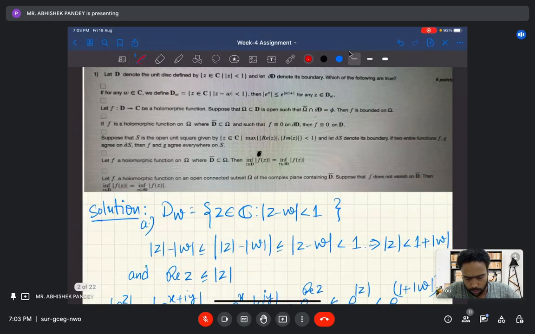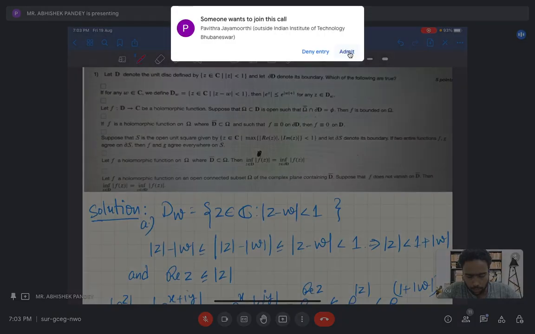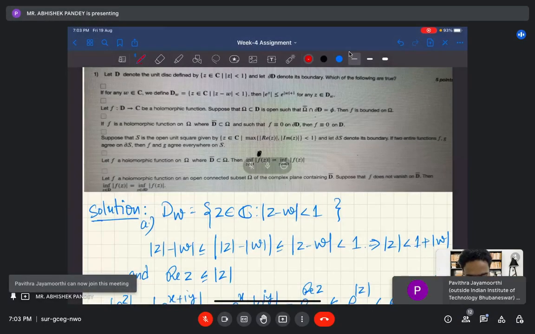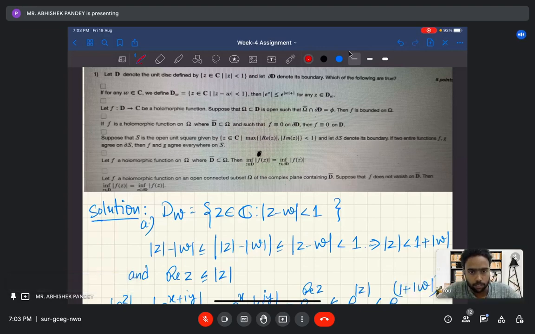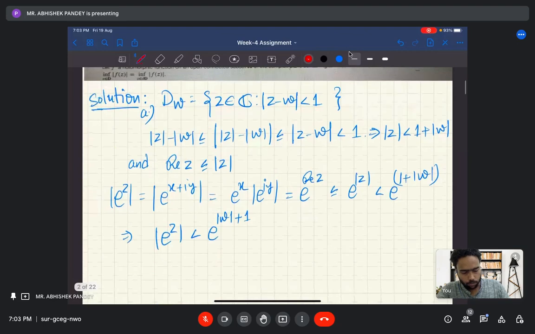The first option is: for any w belongs to C, we define D_w, a disk centered at w and radius 1, so |z - w| < 1. We need to check that modulus of e to the power z is less than or equal to this for any z in D_w.